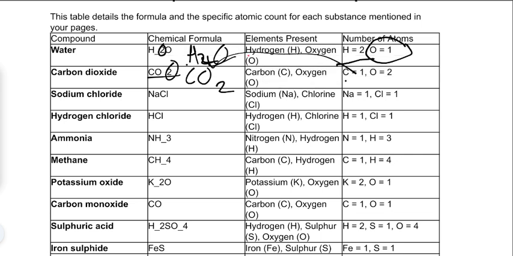Sodium chloride means common salt. Elements present are sodium and chlorine. Number of atoms of sodium is 1, chlorine is also 1.